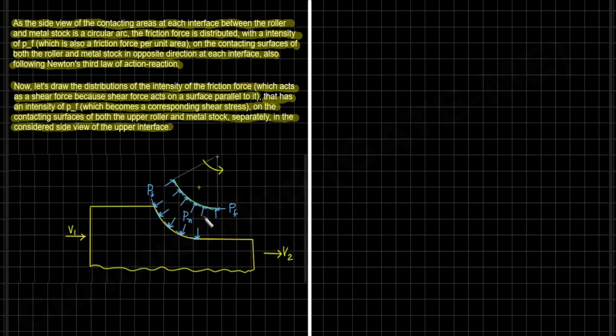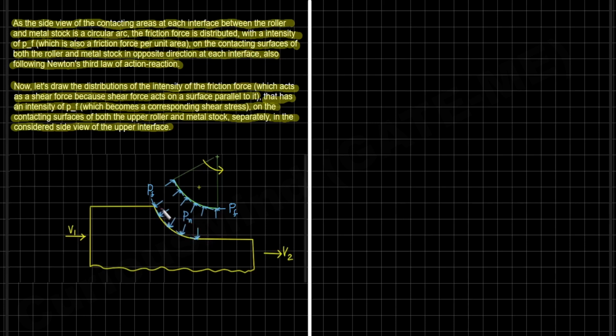And here we can see that the intensity of the friction force on the contacting surface of the upper roller acts in this direction, whereas the direction of the intensity of the friction force on the contacting surface of the metal stock is in this direction.